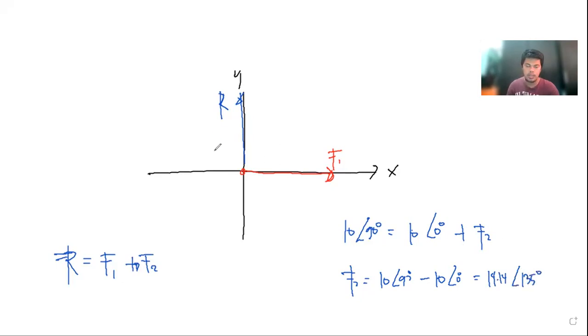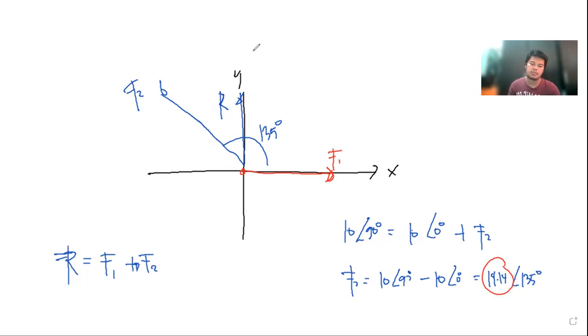Basically, between 90 and 180, F2 is actually somewhere here, and the angle is 135 degrees. So that's the position of F2. The resultant force is 10 acting at this angle, 90. So the answer to the problem is 14.14.